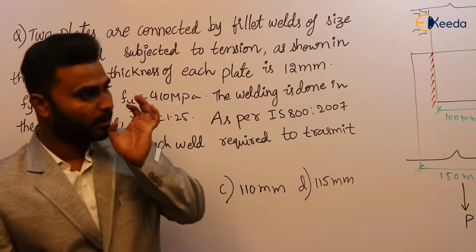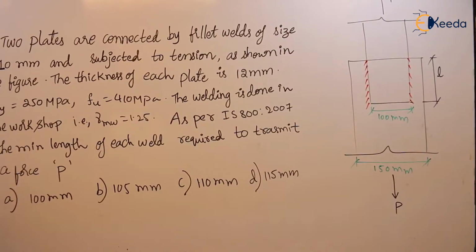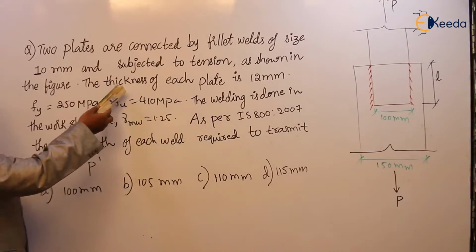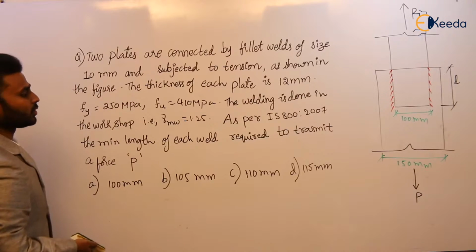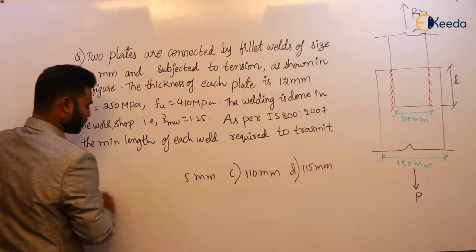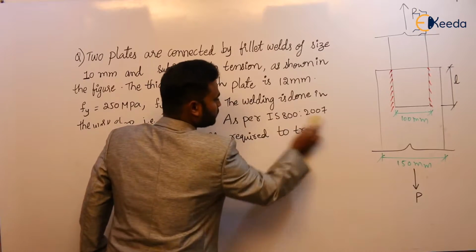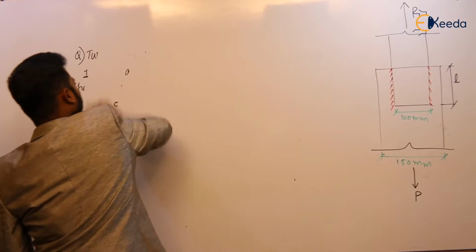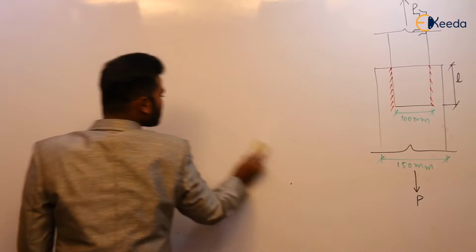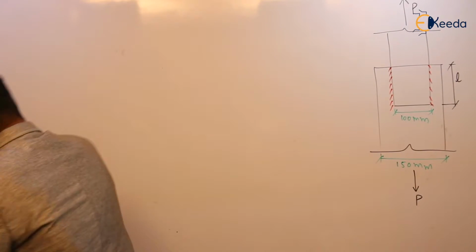First take the diagram and the question and think how to solve it. I'm going to rub this question. So let's start solving this numerical. First let us write the given information.